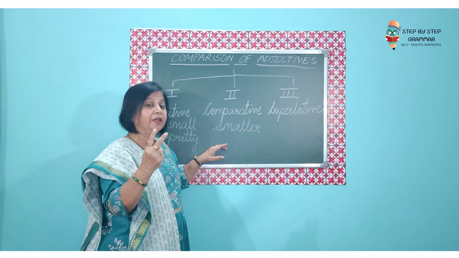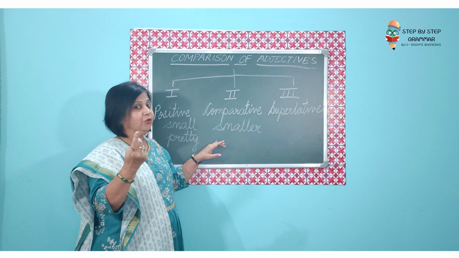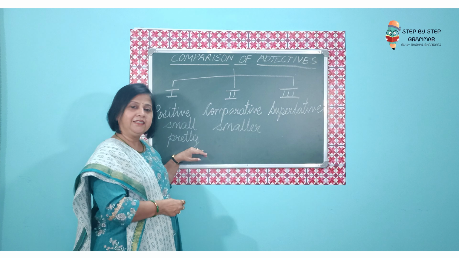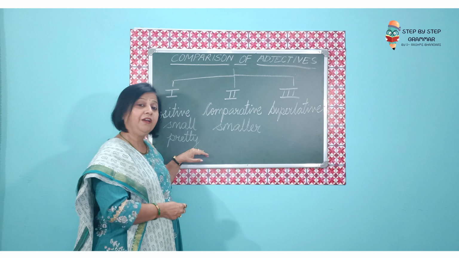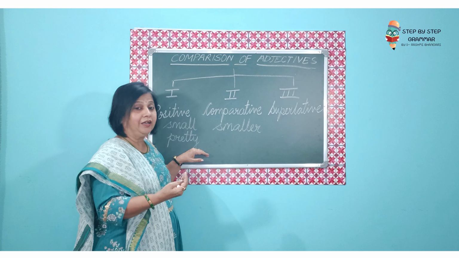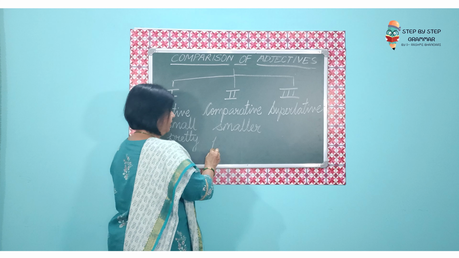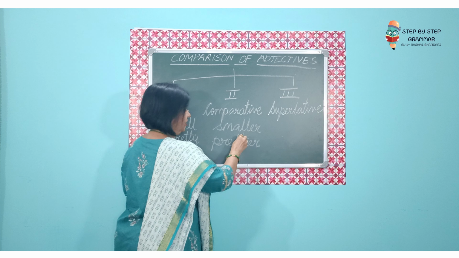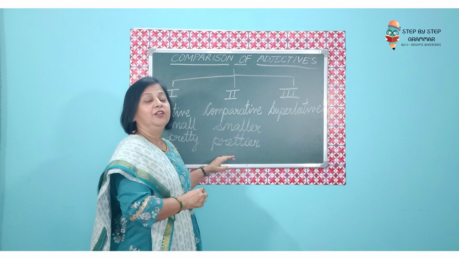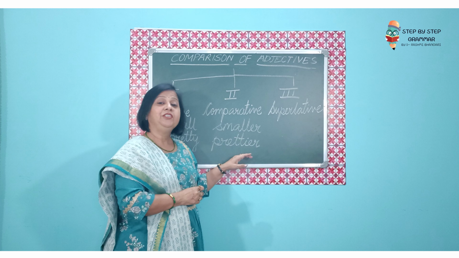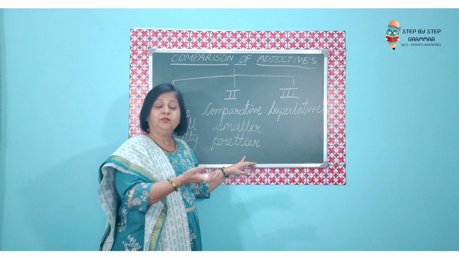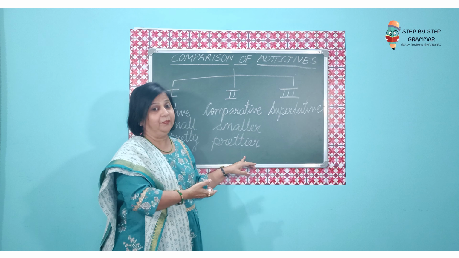I'm comparing two animals over here, the mouse or the rat and the cat. Similarly over here, I said the rose is a pretty flower. Now according to me, I can say that the rose is prettier. Now look, the word is changing, the adjective is changing. The rose is prettier than a marigold, the yellow color flower. So according to me, I feel that it is prettier.